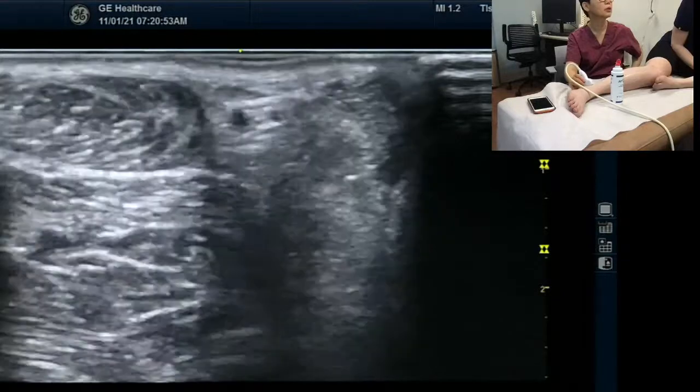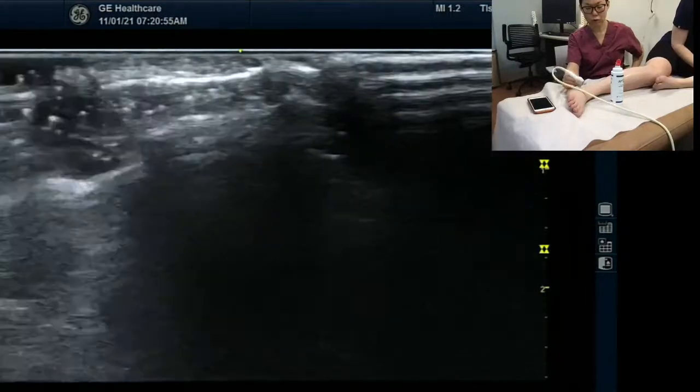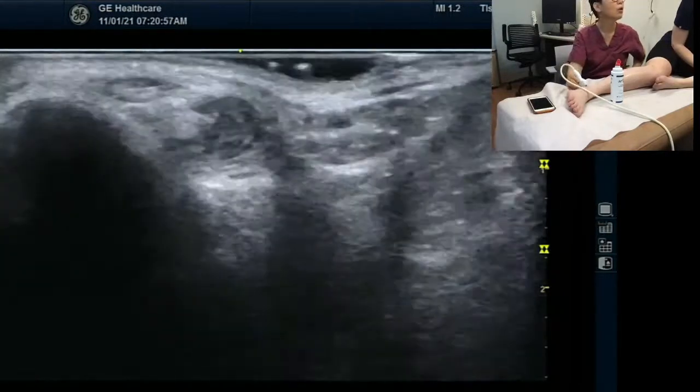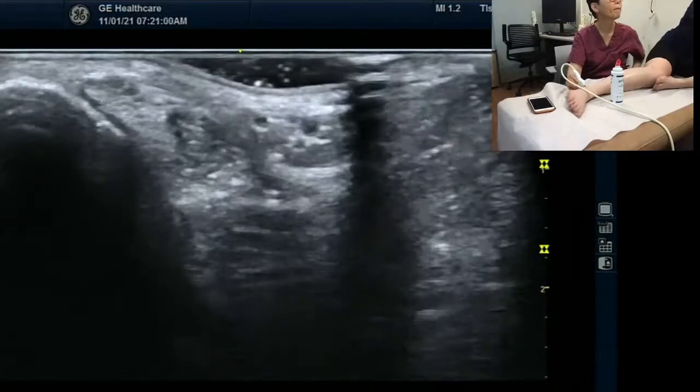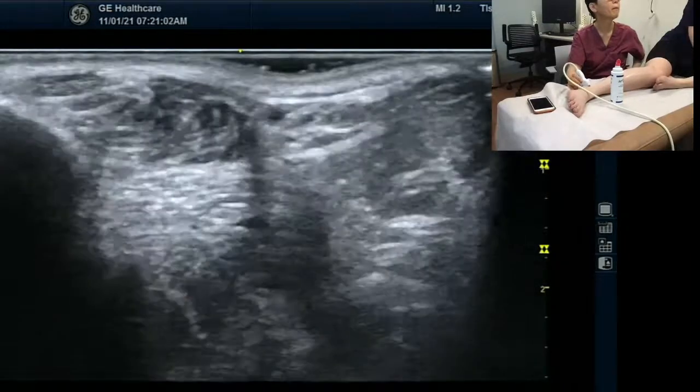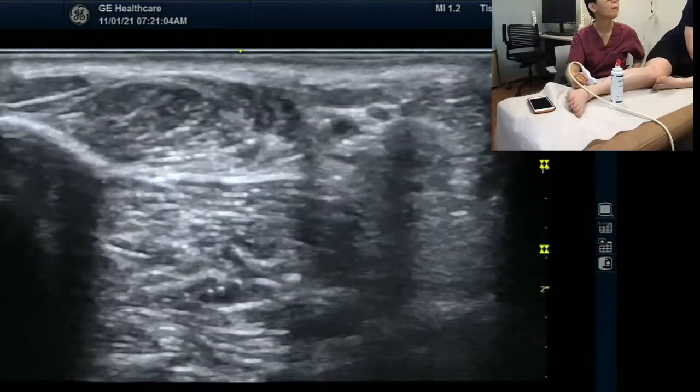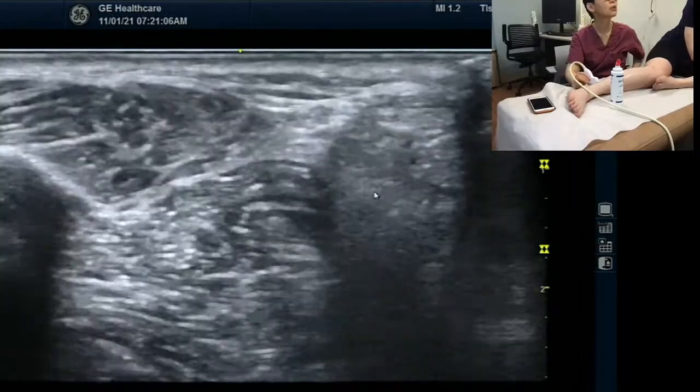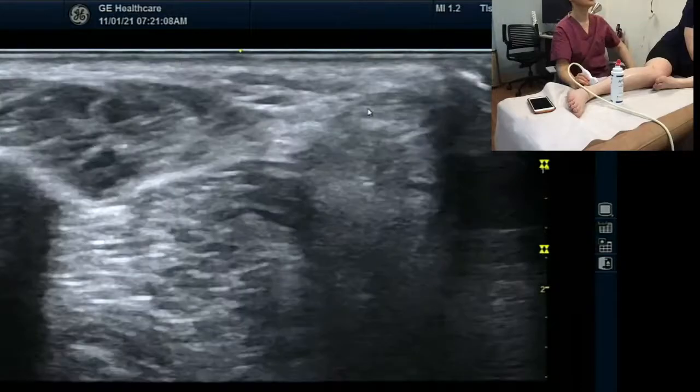I'm still having trouble with this runner. There is a runner. It's going now into the subcutaneous tissue.